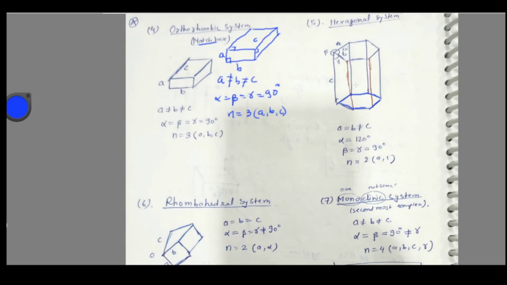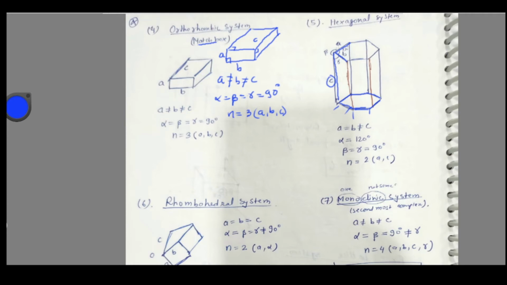So in 3D hexagonal shape, all these base sides are equal, means A and B will be equal, this side and this side will be equal. So A is equals to B, but the length side, this C side, is not equal.